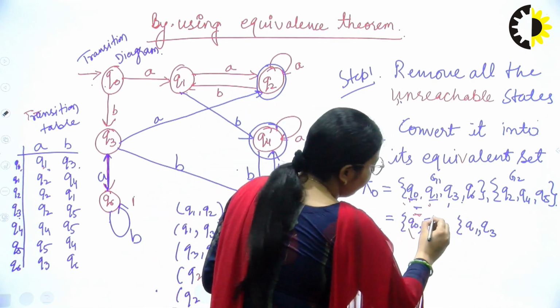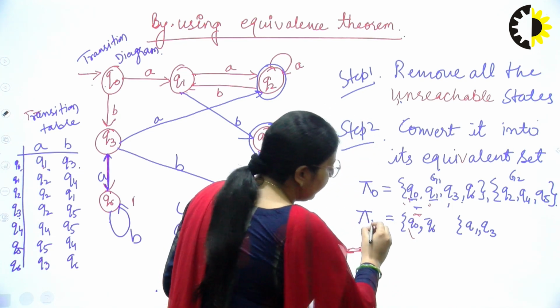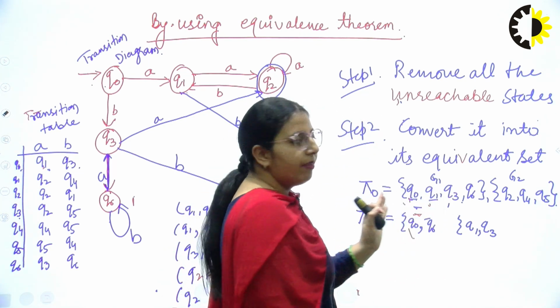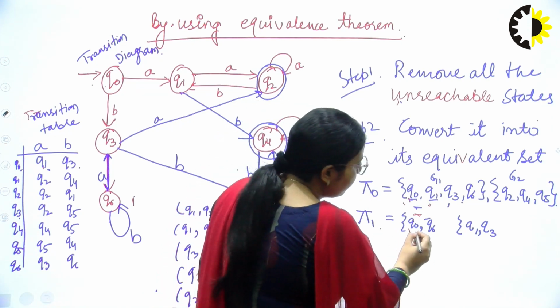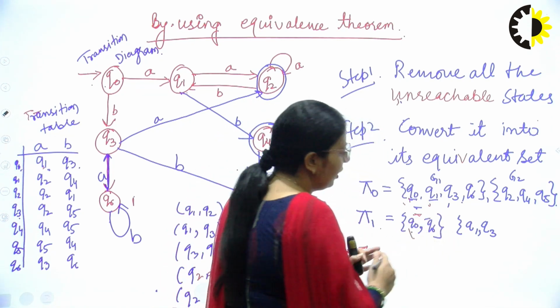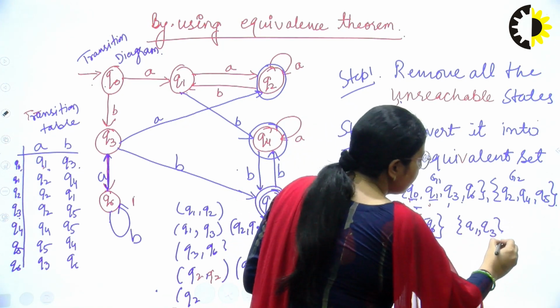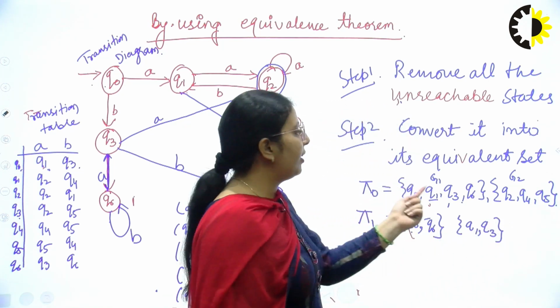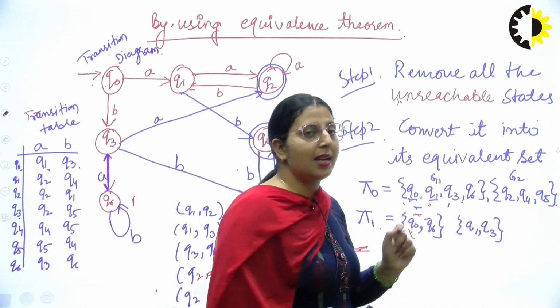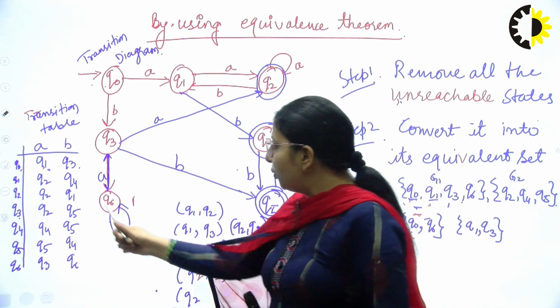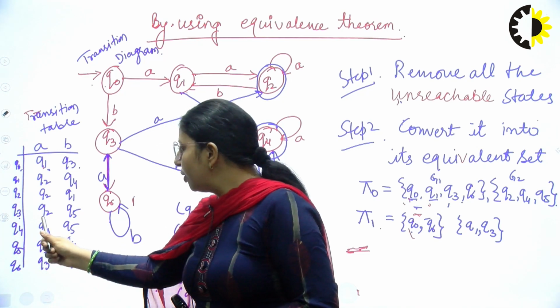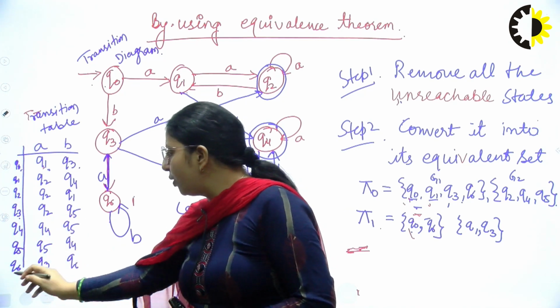So partition phi 1 is what we have done from phi 0. Now phi 1 has Q0 comma Q6, which we combine, and Q1 comma Q3. Now we also have to check whether Q3 and Q6 lie in the same set. Q3 goes to Q2 and Q6 goes to Q3.